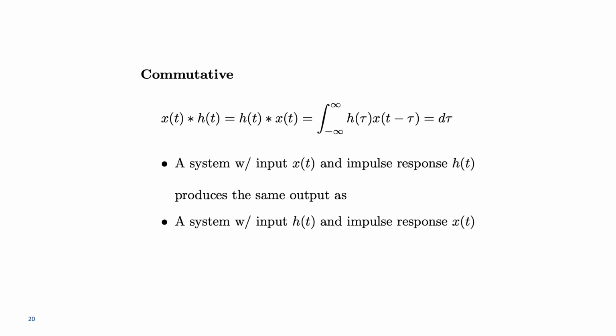What implications does this have? Well, a system with input x of t and impulse response h of t will produce the same output as a system that has input h of t and impulse response x of t. So again, the roles of x and h can be exchanged.